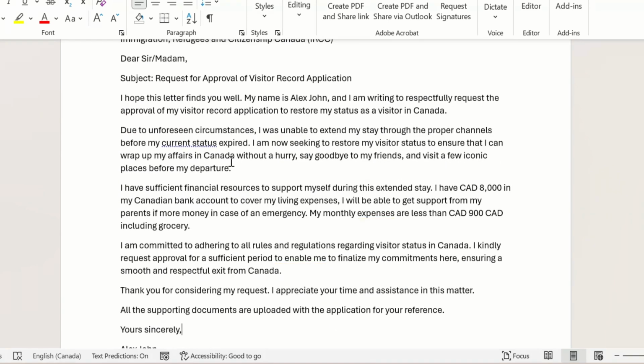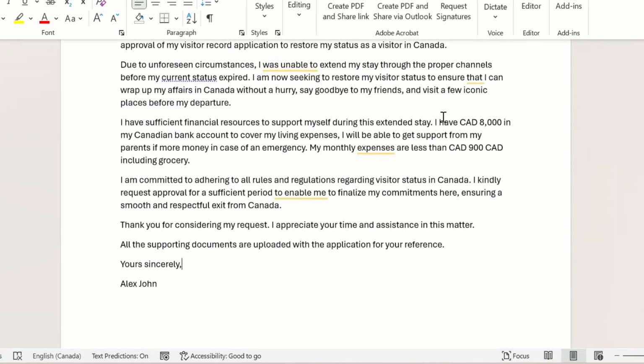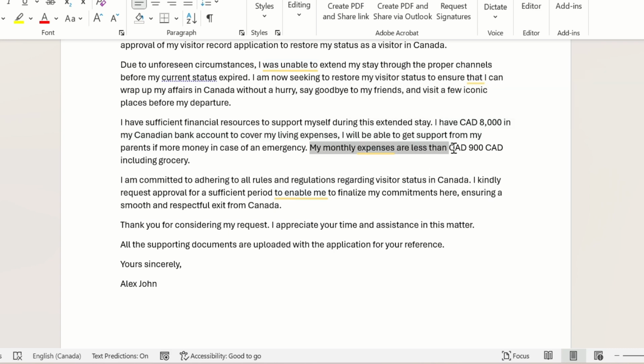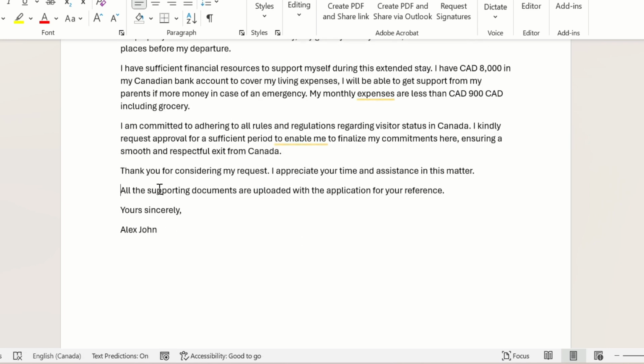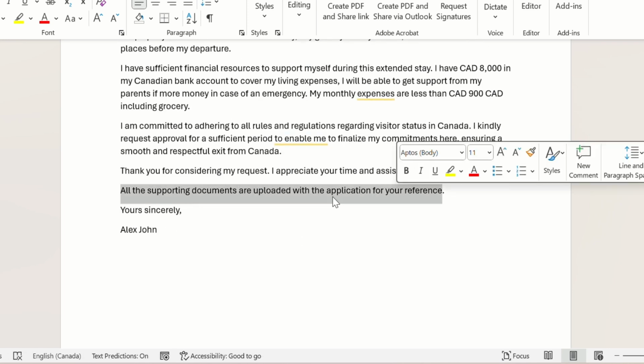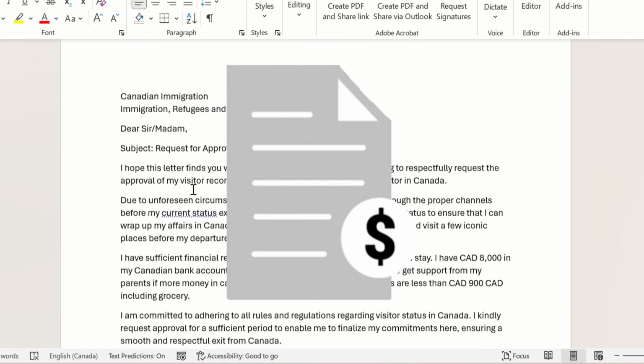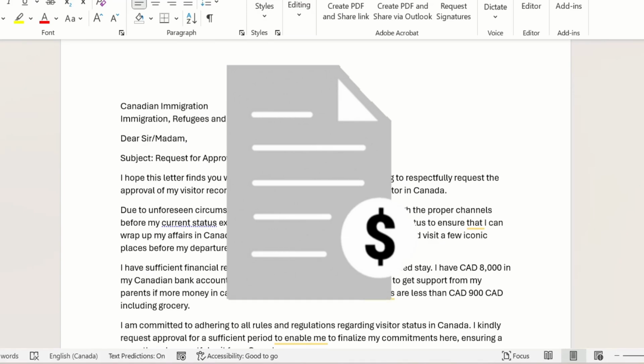This is a sample letter to mention how much money you have, your monthly expense, and also attach any supporting documents like the bank statement, which is really important.